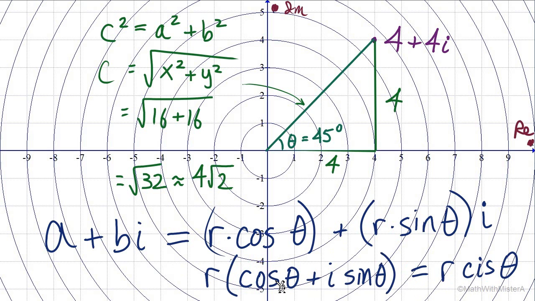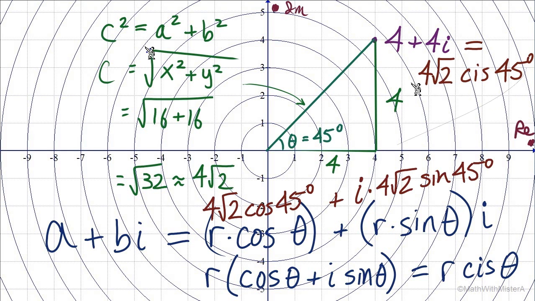Multiplying the radius times cosine is our horizontal. Multiplying the radius times sine theta is the vertical, and we're using real part on horizontal axis, imaginary part on the vertical axis. This number, 4 plus 4i, we could write it in trig notation as 4 radical 2 cis 45 degrees.